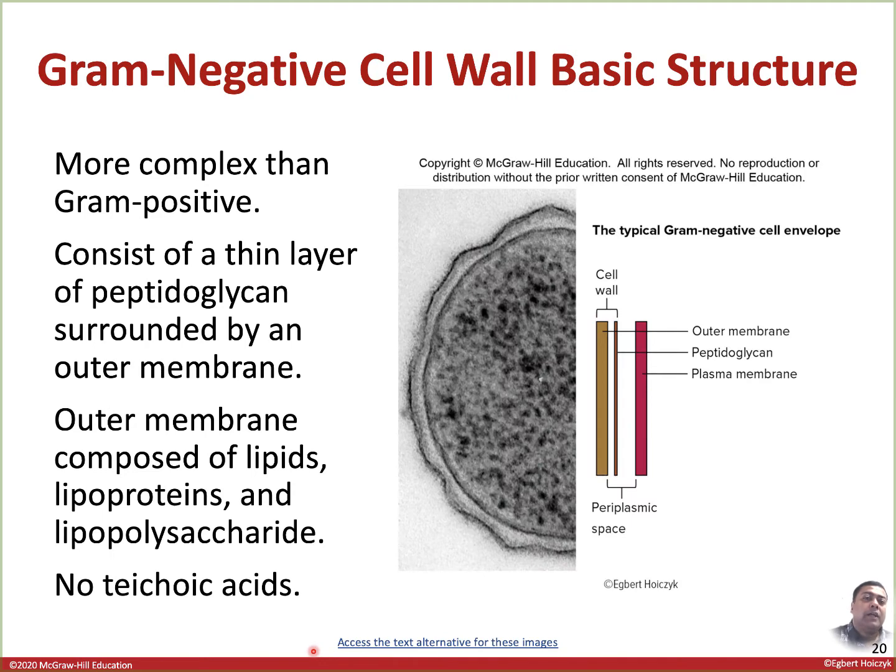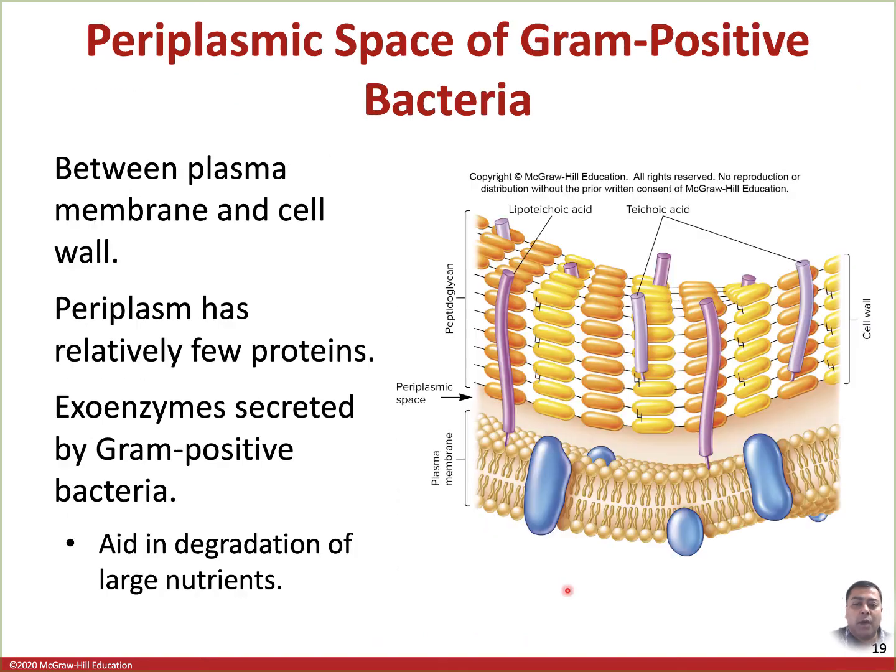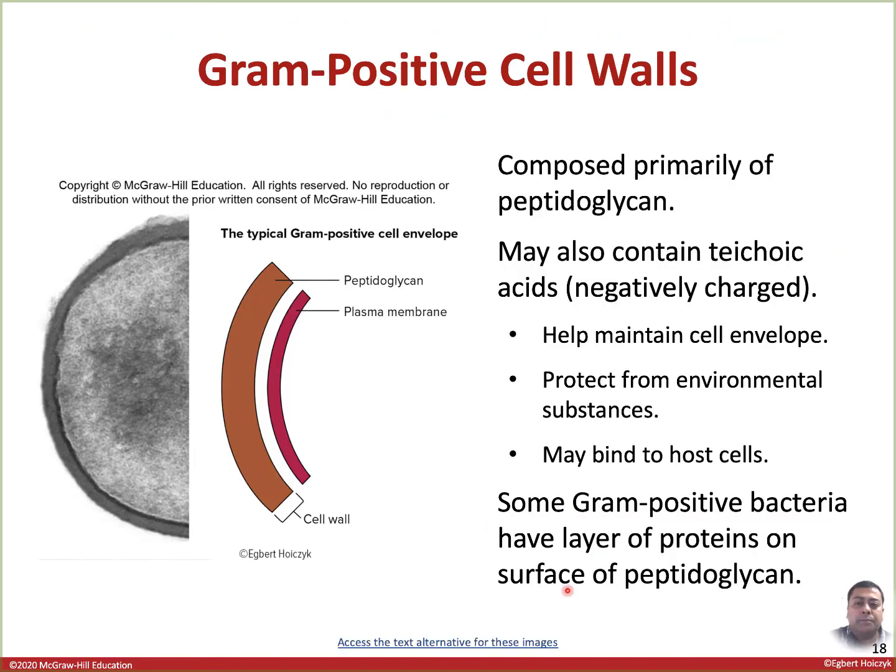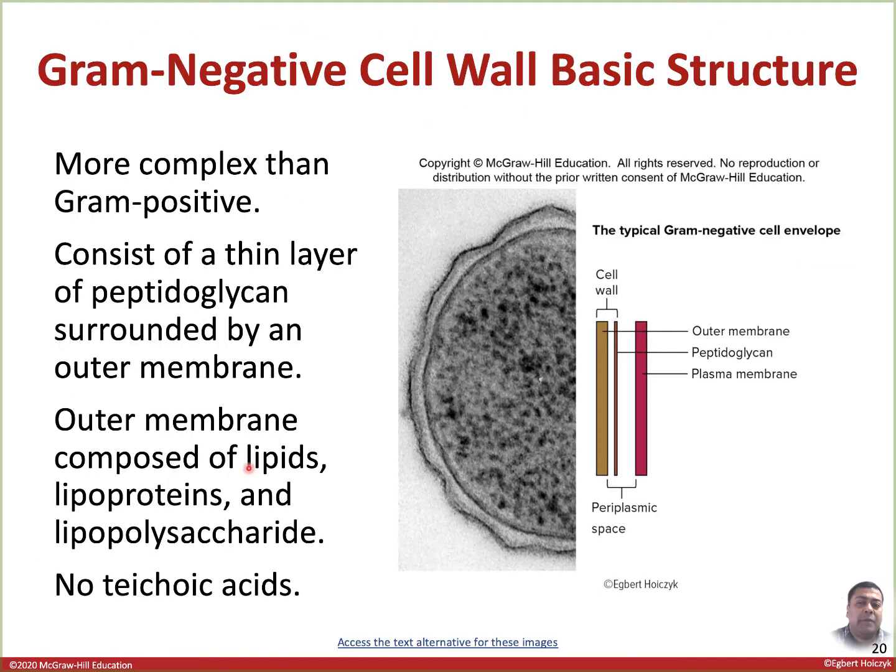So the gram-negative cell wall, on the other hand, is much more complex. If we just look at the typical schematic, here is the plasma membrane, then you have the periplasmic space, and then we have a thin peptidoglycan layer. This is very different from the previous one. If we look at this structure right here, you can see that it is a huge, thick peptidoglycan layer, whereas in gram-negative bacteria, the peptidoglycan is much thinner.